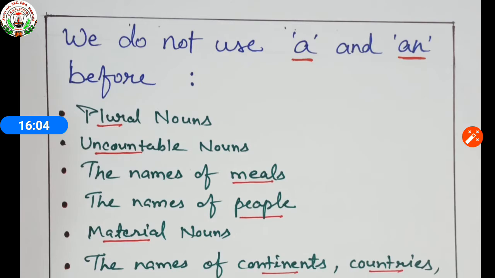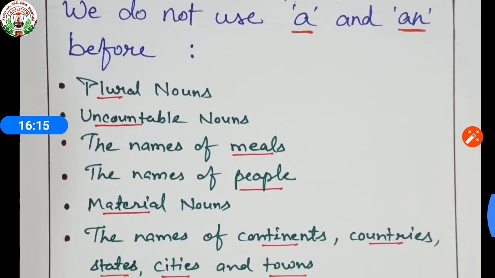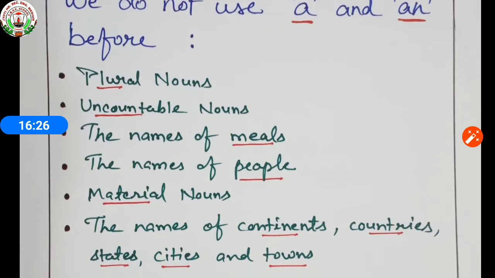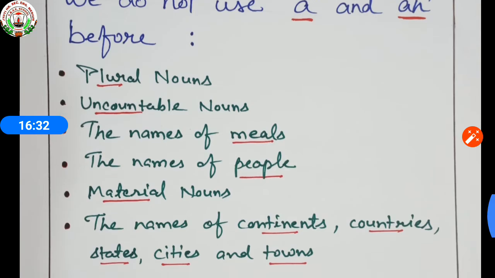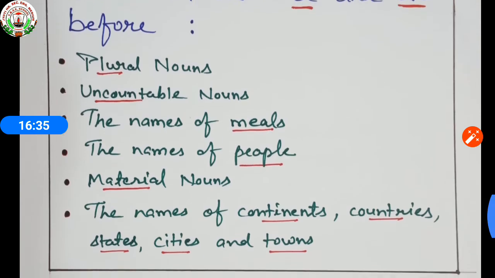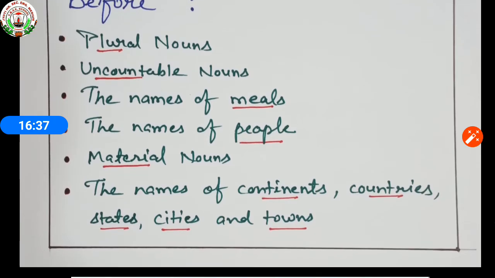We do not use a and an before the names of meals like breakfast, lunch, dinner, etc. We do not use a and an before the names of people. We do not use a and an before the names of material nouns like gold, silver, etc. We do not use a and an before the names of continents, countries, states, cities and towns.